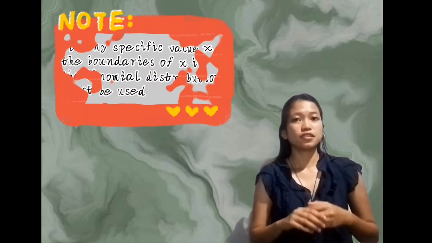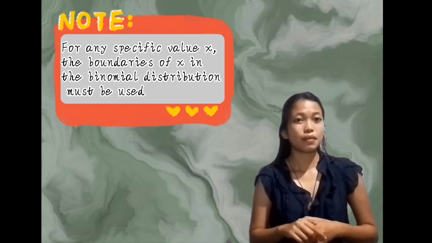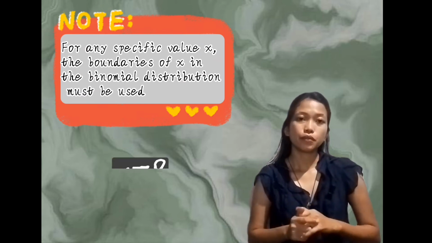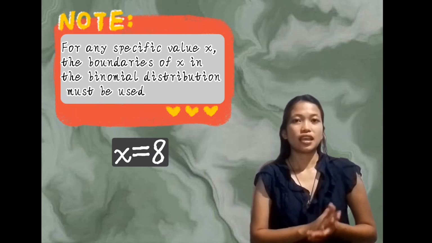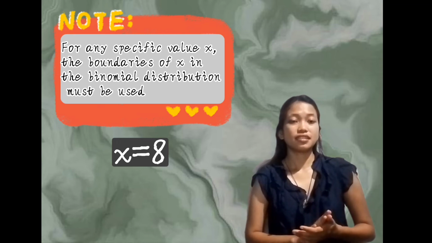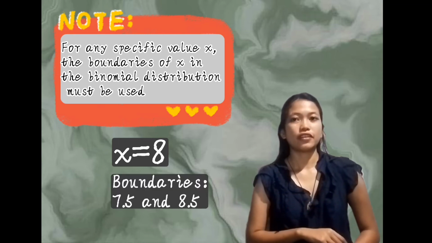The continuity correction means that for any specific value of x, the boundaries of x in the binomial distribution must be used. For example, if our x is 8, then we should use its boundaries, which are 7.5 and 8.5.